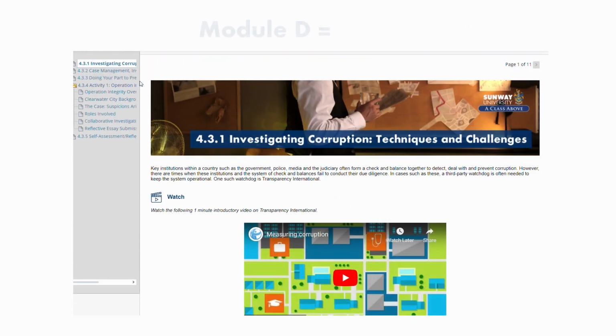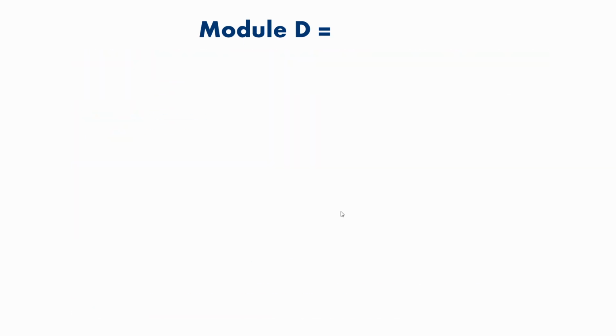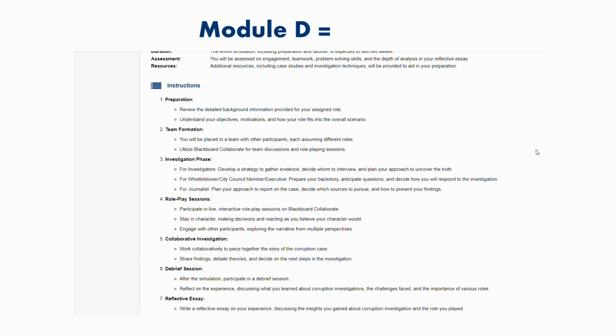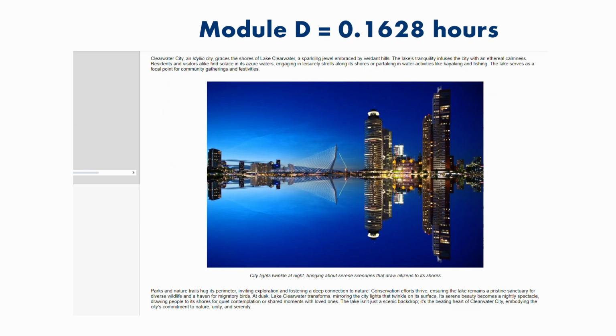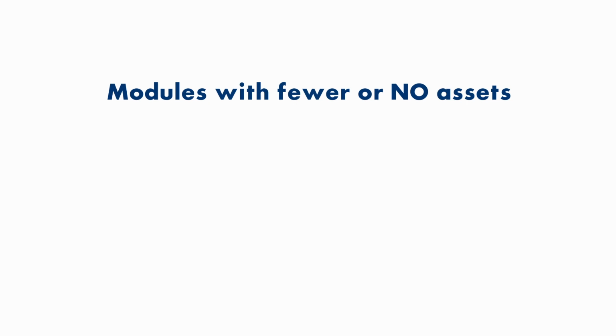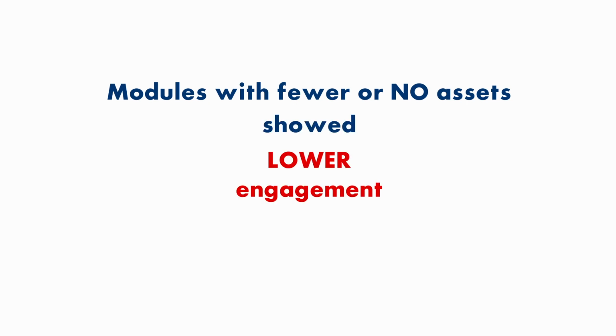In fact, Module D, which had one of the lower variabilities of asset types, recorded the highest learner average time at 0.1628 hours. Interestingly, modules with fewer or no asset types showed significantly lower engagement metrics.